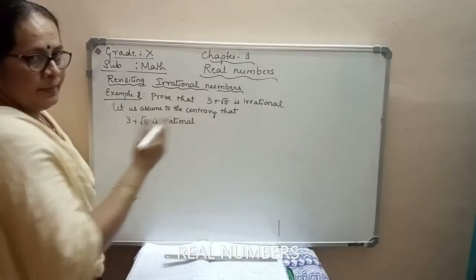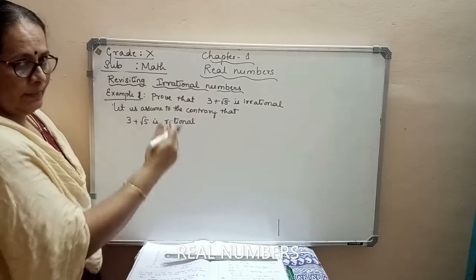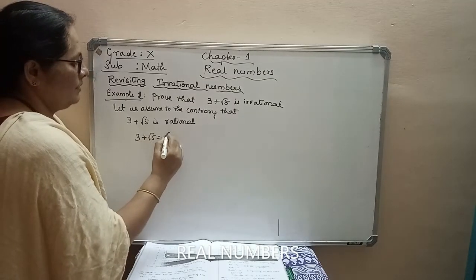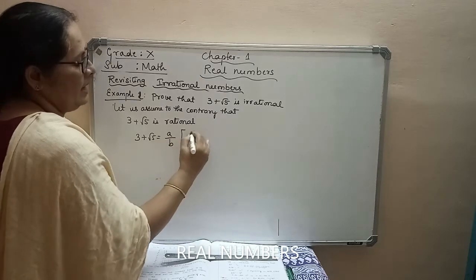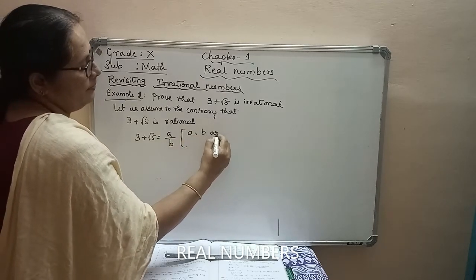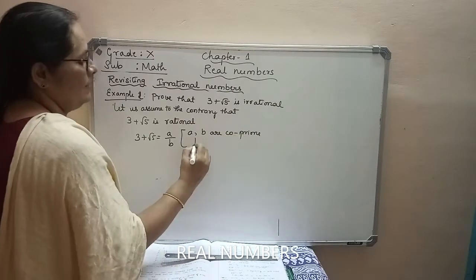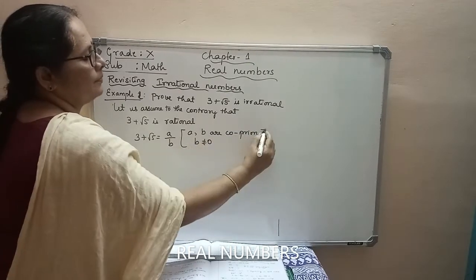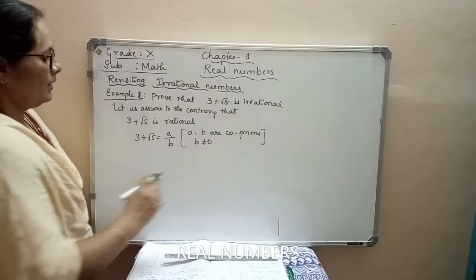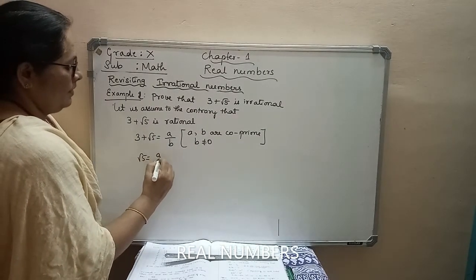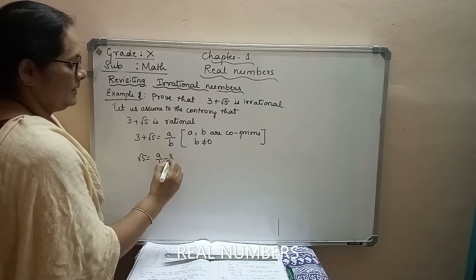Rational numbers can be written in the form of p by q or a by b. So 3 plus root 5 equals a by b, where a and b are co-prime and b is not equal to 0. Then see here, root 5 equals a by b minus 3.